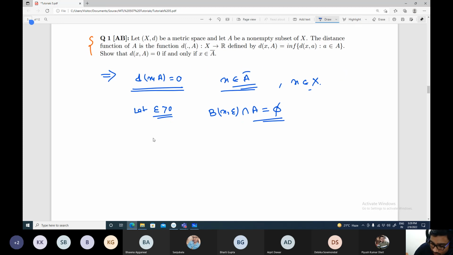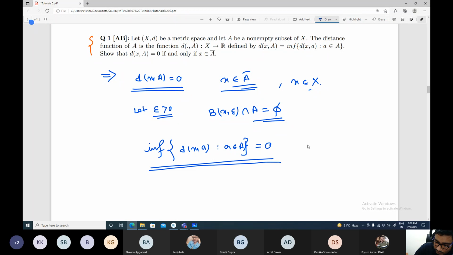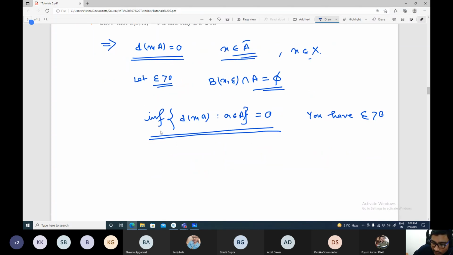How do you prove this? This is because the infimum of d of x comma a such that a belongs to A is 0, and epsilon is a positive number. So what can you say from the definition of infimum?